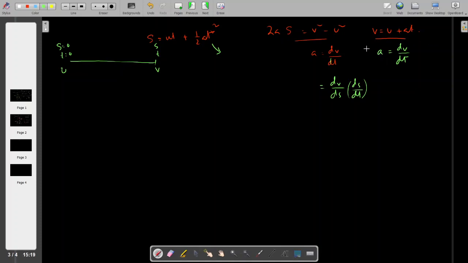Since this is position time, here we will integrate position and time. This is position velocity, so here we have integrated velocity and displacement. Since this is the velocity time relationship, here you have integrated velocity and time.